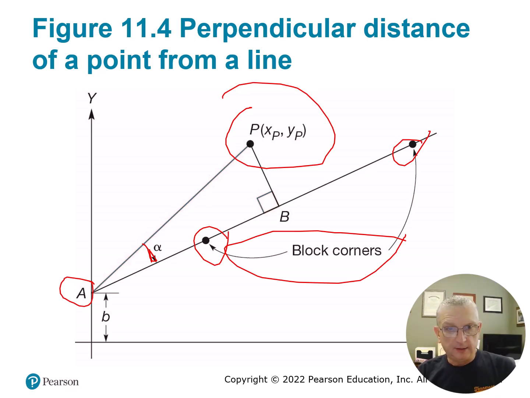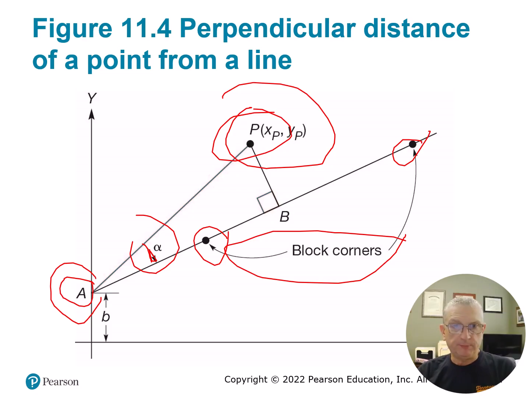You don't have the zenith angle, but you have this interior angle. Multiply that times, or you've got the angle A, and you'll have the distance A to P. The math can help you solve to what is B using these formulas here in section 11.3.